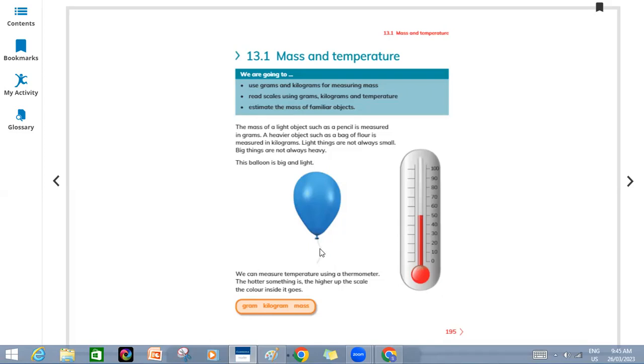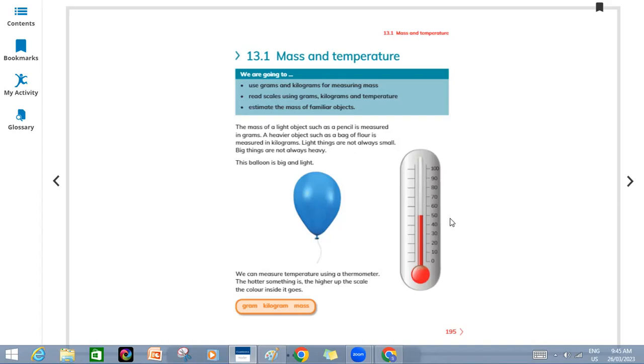So we have gram, kilogram, and mass. These are the important words that we are going to use in this lesson. What we have studied so far is that light things are measured in grams and heavier things are measured in kilograms.